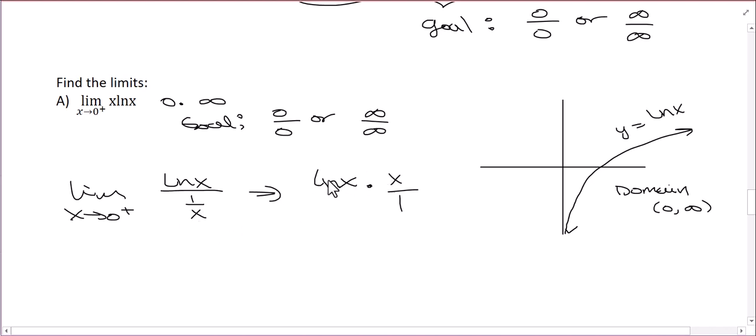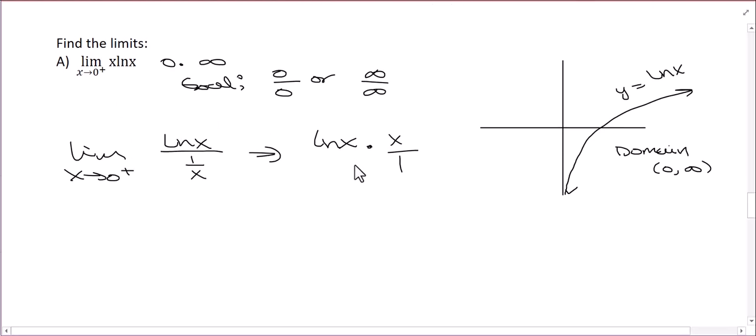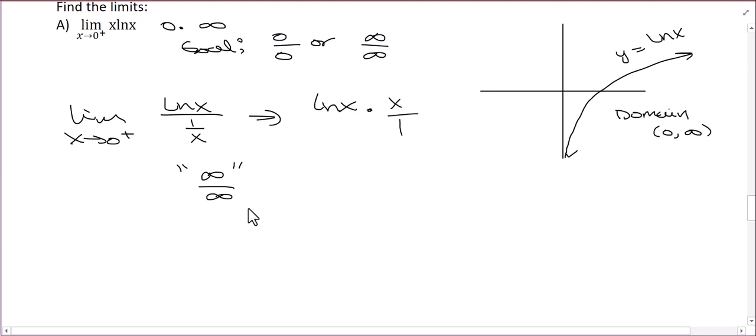And so this gives me x ln x. But now when I plug in 0, I have infinity over infinity. Because as x gets really, really close to 0, 1 over x is getting really big. So this is infinity over infinity, and this means we can use L'Hopital's rule.